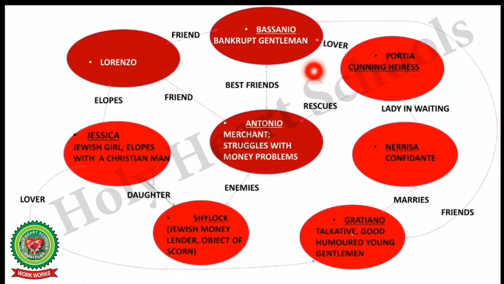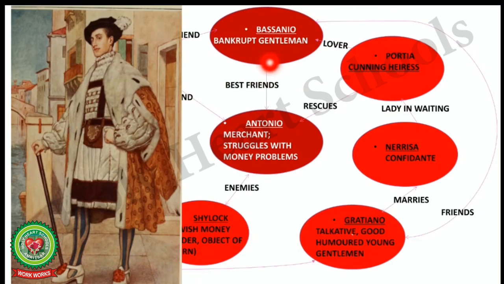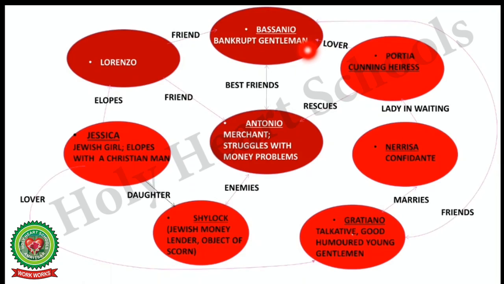Now students, another most important character of this play is Bassanio, who is a very good friend of Antonio. He is an extravagant person who loves to live a lavish life. Children, he is in need of money to go to Belmont to woo Portia and marry her. Now the question arises, who is Portia?